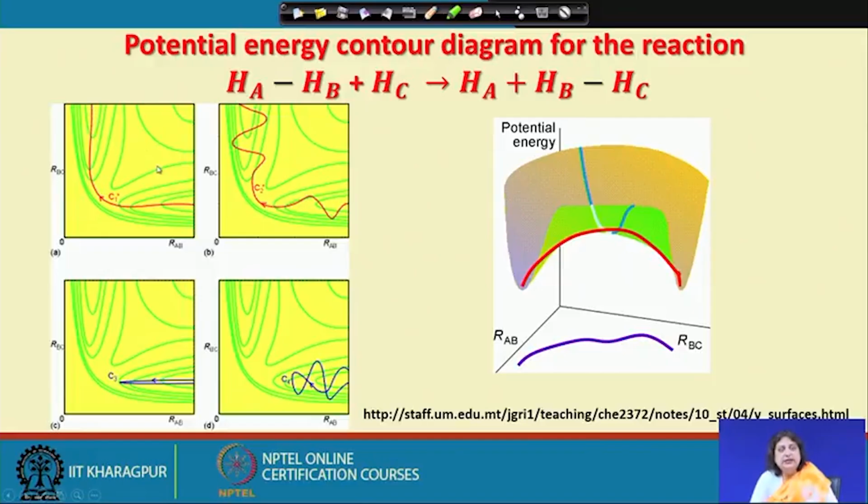But not always is the system, when it attempts to scale this mountain of potential energy barrier, able to do it just as cleanly as this. So, it climbs up this way and then it goes this way and tries to find its path through the saddle point and decays like this.